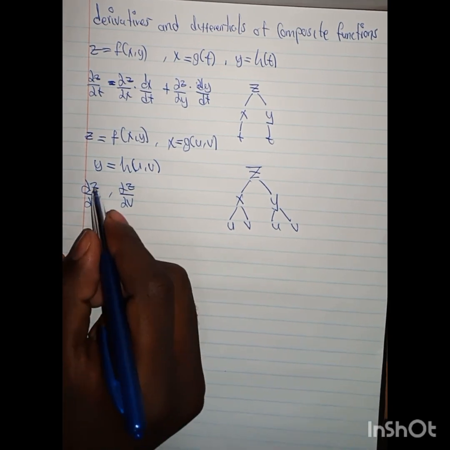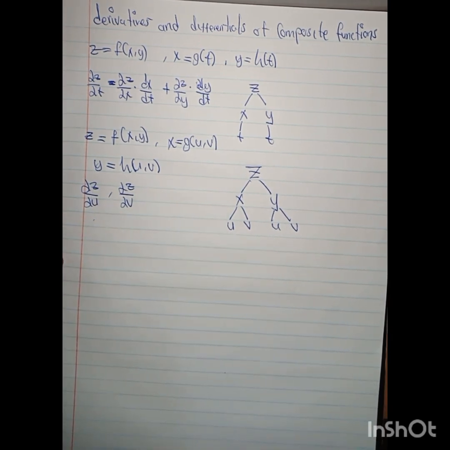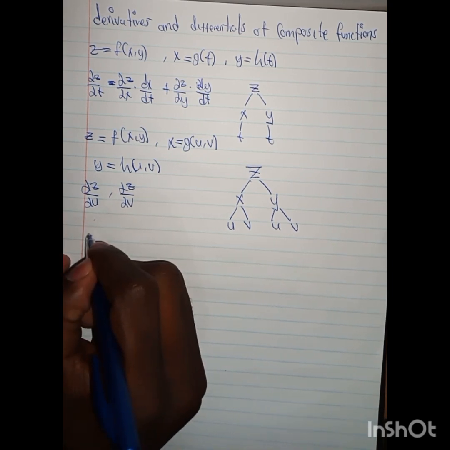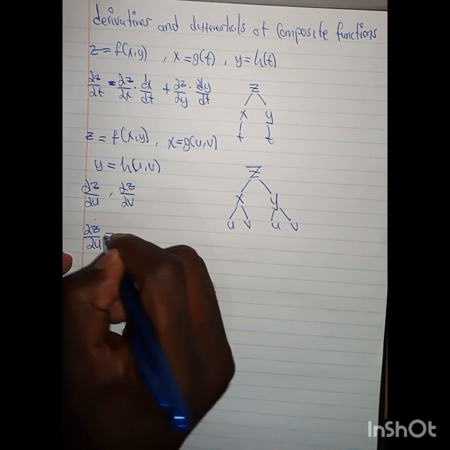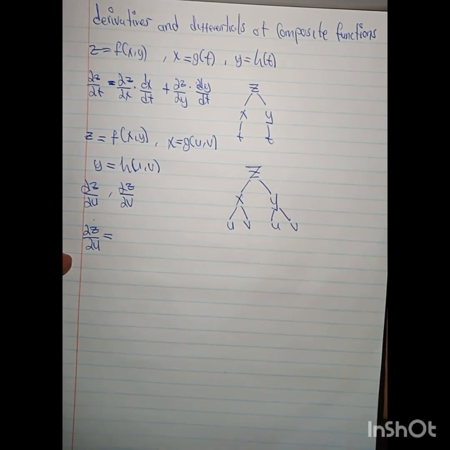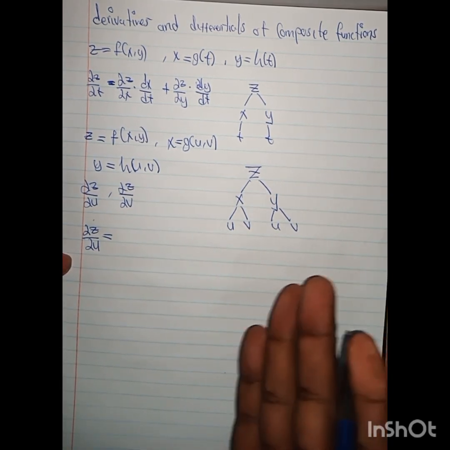Then when you want to find the dz/du of this composite function, it means you follow the procedure dz/du. Then you follow only the strings which contain the variable u.